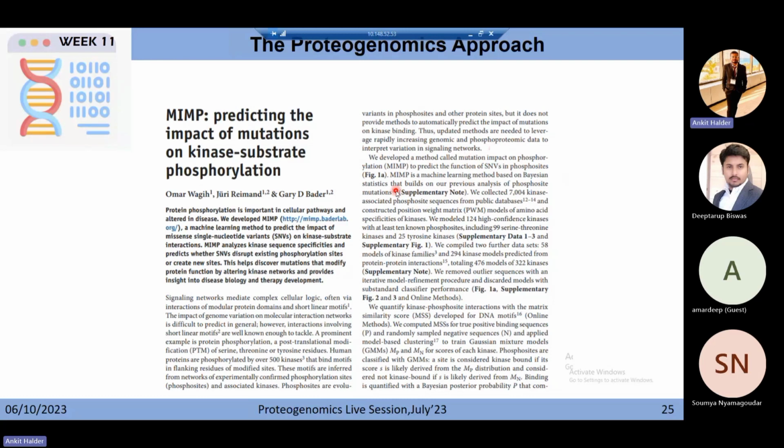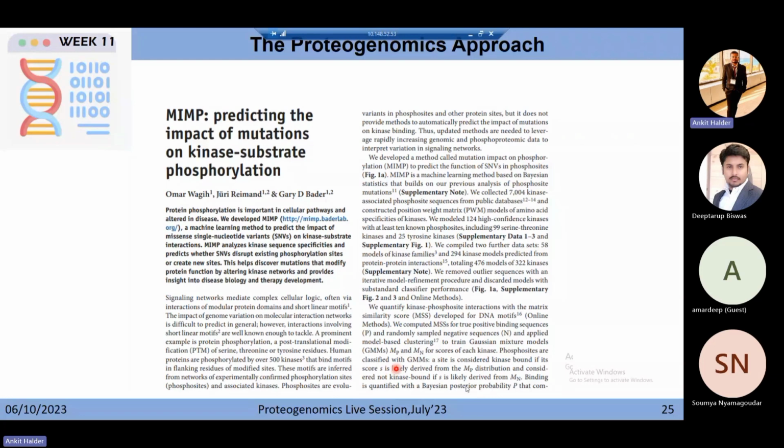Kinases associated from public databases were used to construct position weight matrix models of amino acid specificities of kinases, similar to multiple sequence alignment, at each position. We modeled 124 high confidence kinases with at least 10 known phosphosites, including 99 serine kinases, 25 tyrosine kinases, 58 kinase families, and so on.